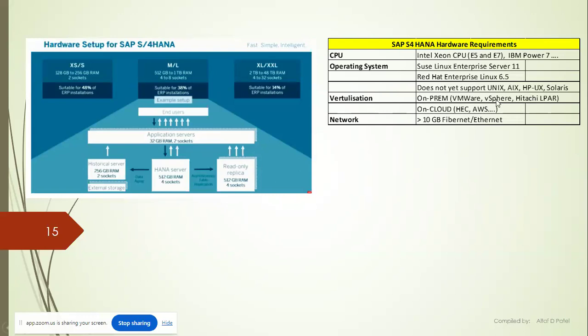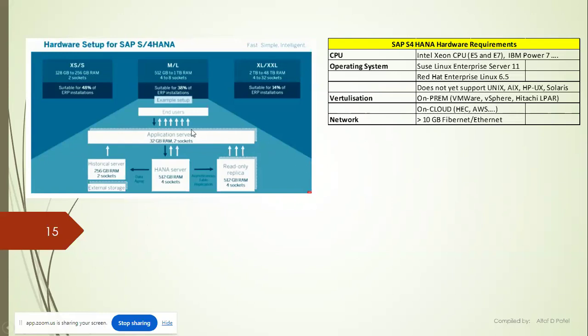VMware virtualization is required because if you buy a big IBM Power 7 series server, you need around 45 to 50 servers to run SAP. I will explain that later. For the network, you need a high-speed Ethernet connector, fiber network.